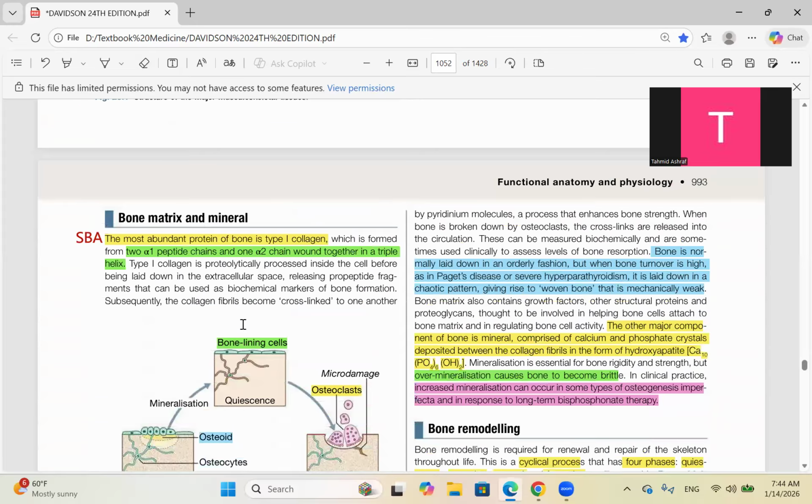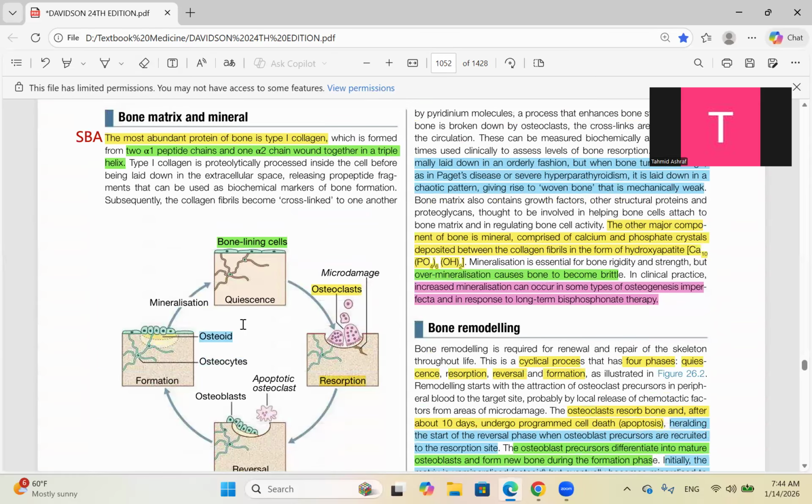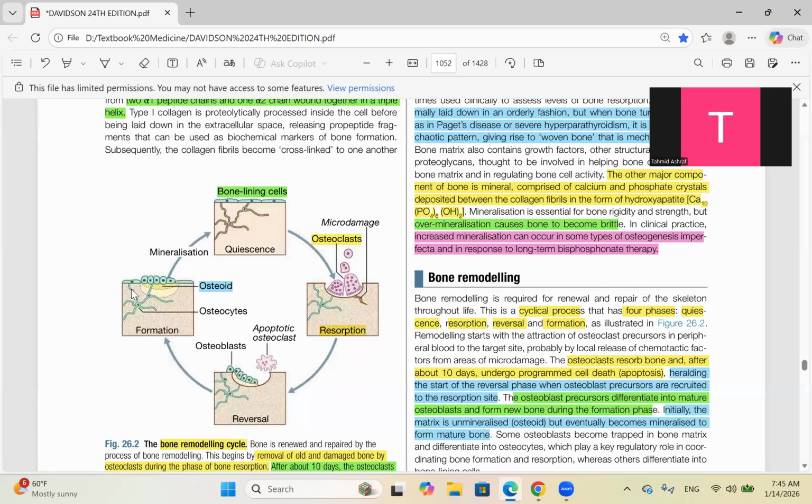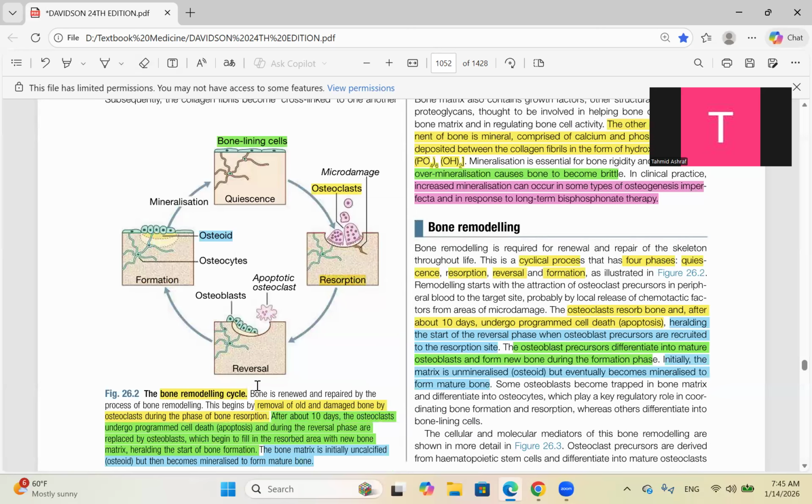What I have discussed, just 2 pages, about bone. It is composed mainly of type 1 collagen, triple helical structure, 2 alpha 1 and 1 alpha 2 helix. We have learned the bone remodeling cycle, 4 phases: quiescence, resorption, reversal, and formation.